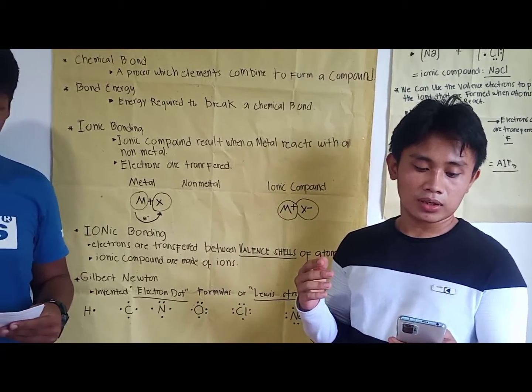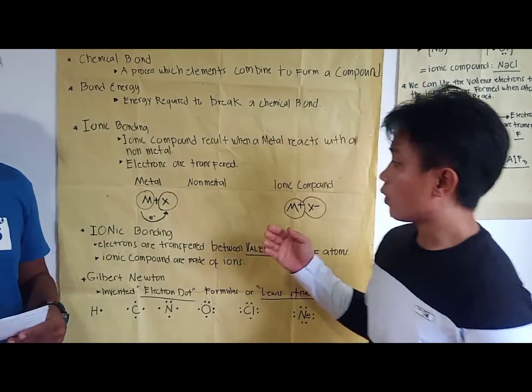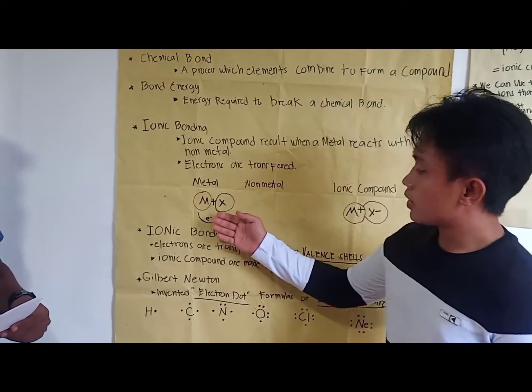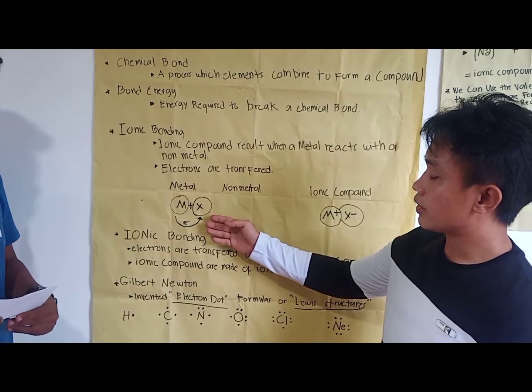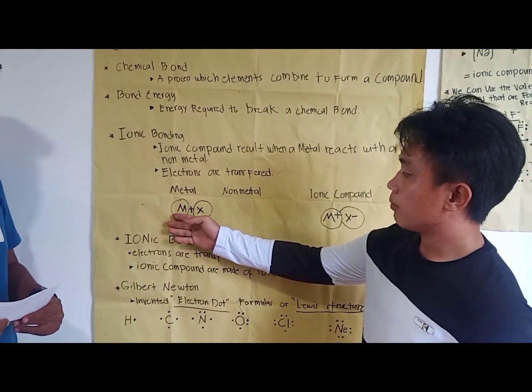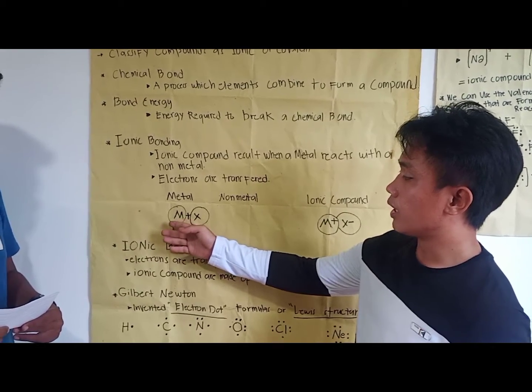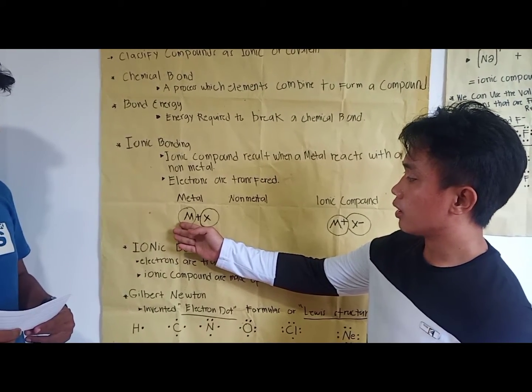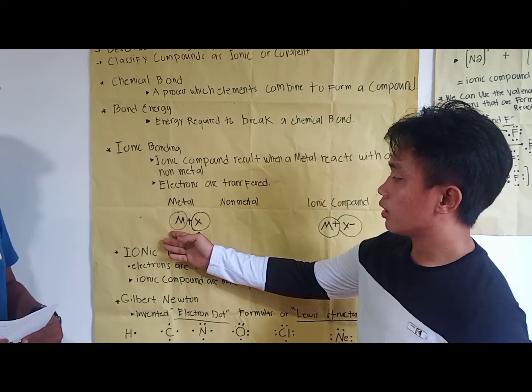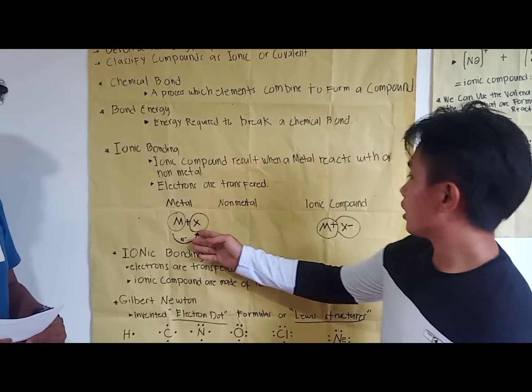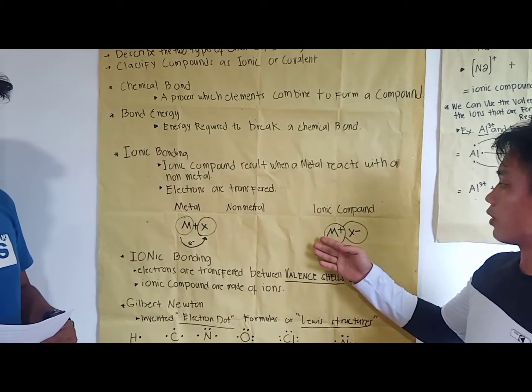A brief treatment of ionic bonds follows. As you can see, the example is a metal plus a non-metal. When the electrons of the metal transfer to the non-metal, the result of the reaction is an ionic compound.